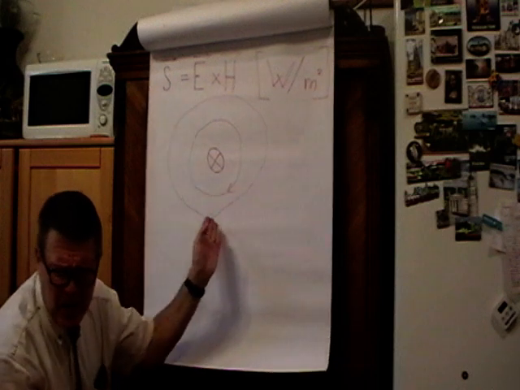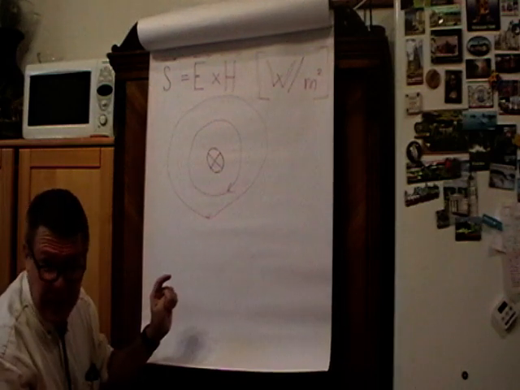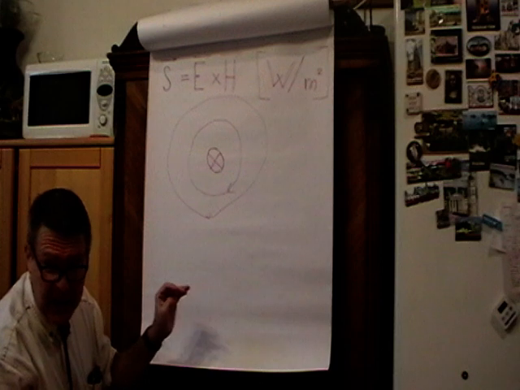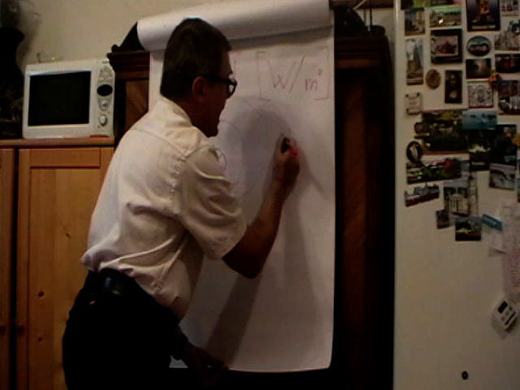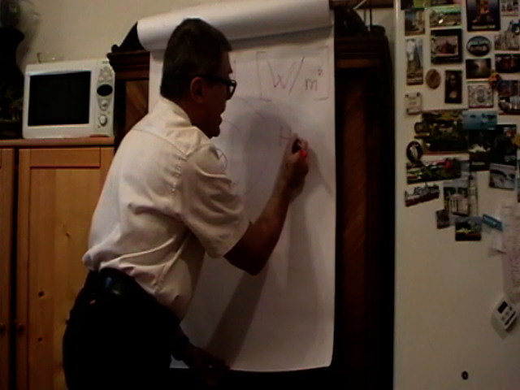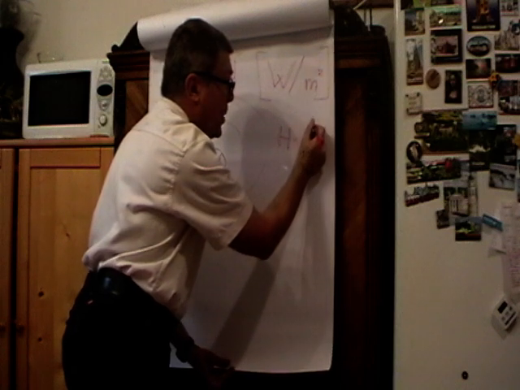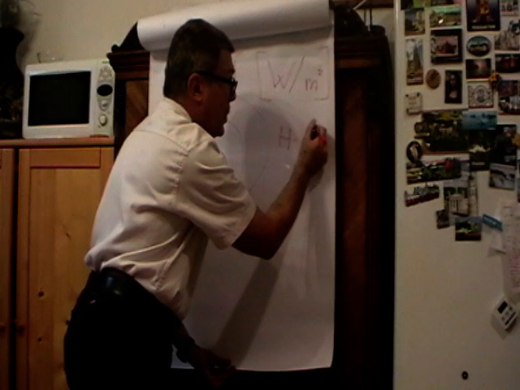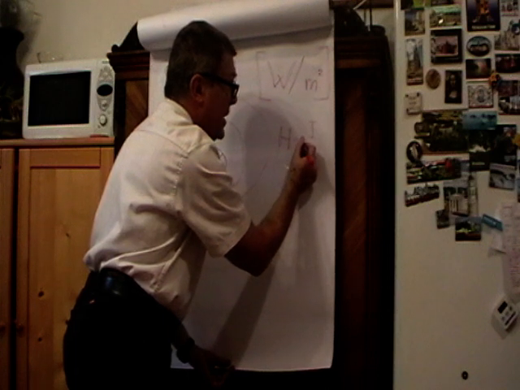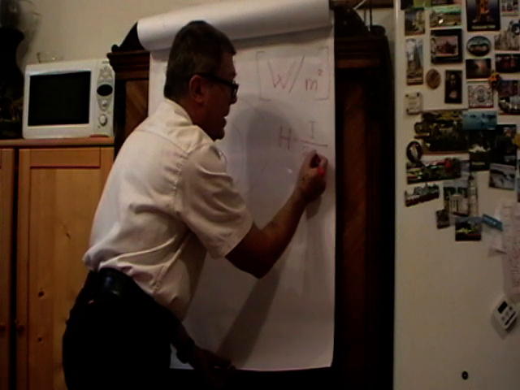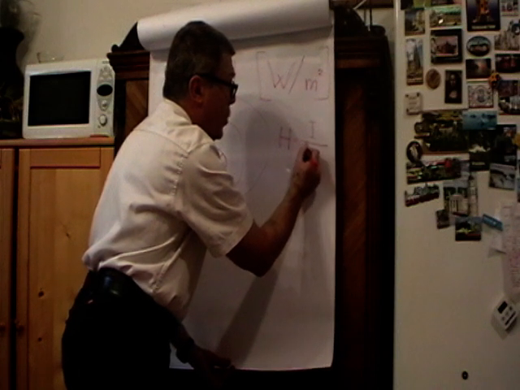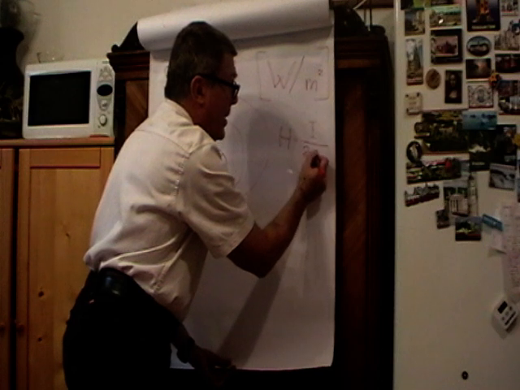Well, that should have been circles. And as to the strength, as to the intensity, it follows that magnetic field intensity H is directly proportional to the current that flows through the conductor and inversely proportional to 2 pi r, where r is the distance from the center of the conductor.